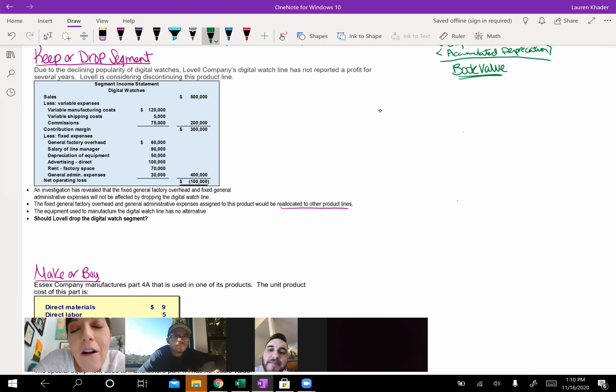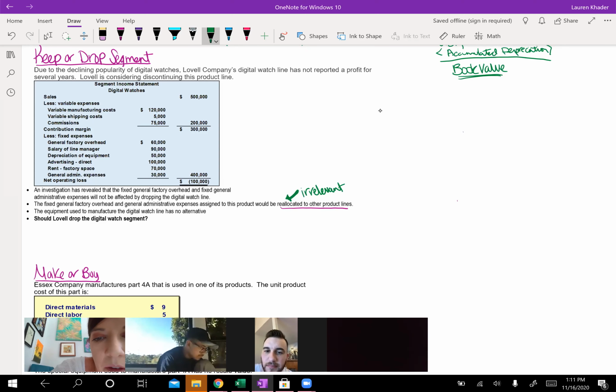Are these direct costs of the digital watch line? No, they're indirect costs, right? So when we see this word allocated, we know that these costs are irrelevant. They're unavoidable. The company is going to incur them regardless if they keep the digital watch line or if they drop the digital watch line. Remember that a cost that does not differ between the alternatives is irrelevant to the decision.